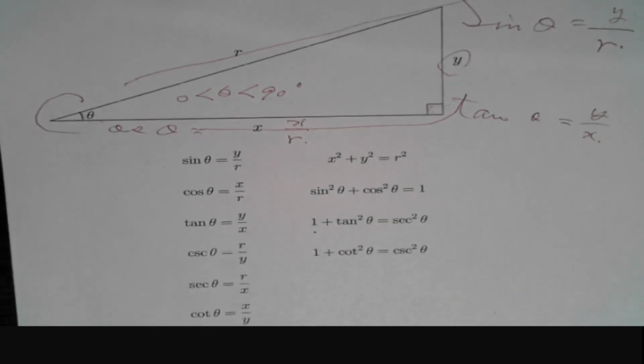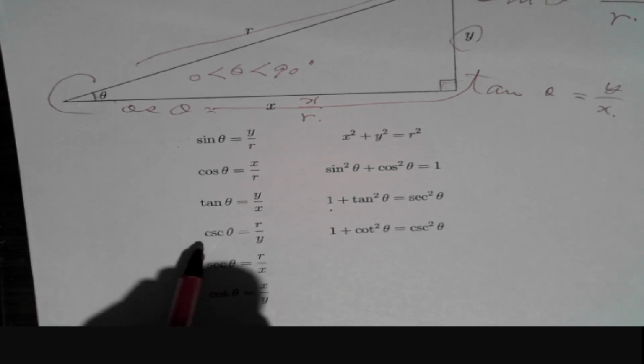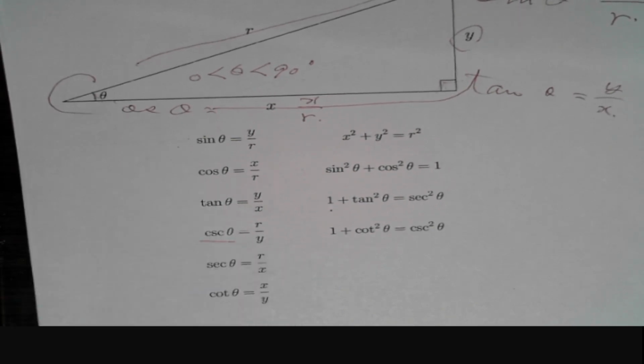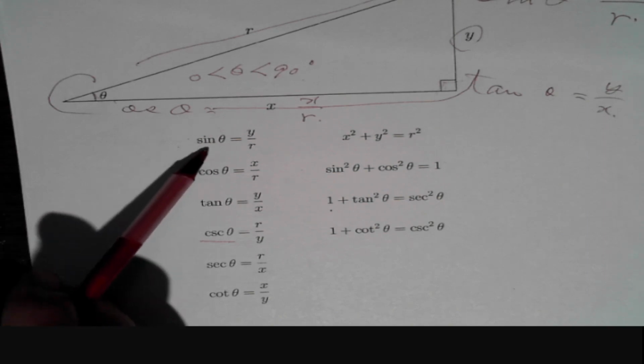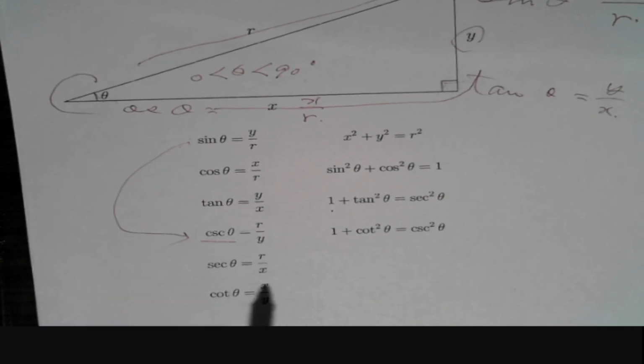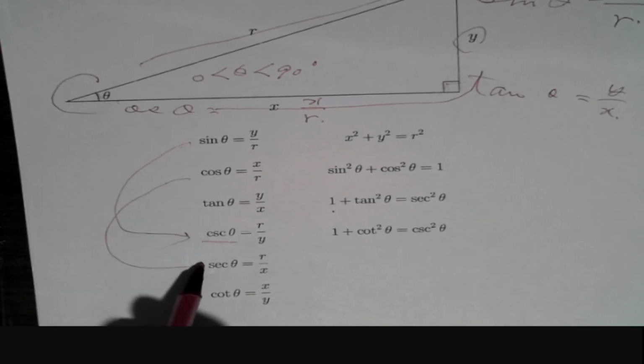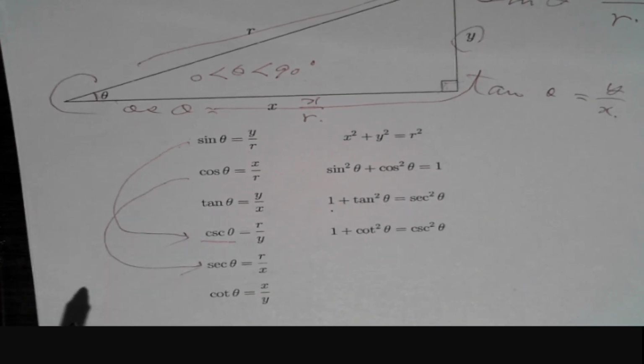Now another three definitions. Cosecant is just the reciprocal of sine. Okay, reciprocal of sine. So r over y. Secant is the reciprocal of cosine, so r over x.